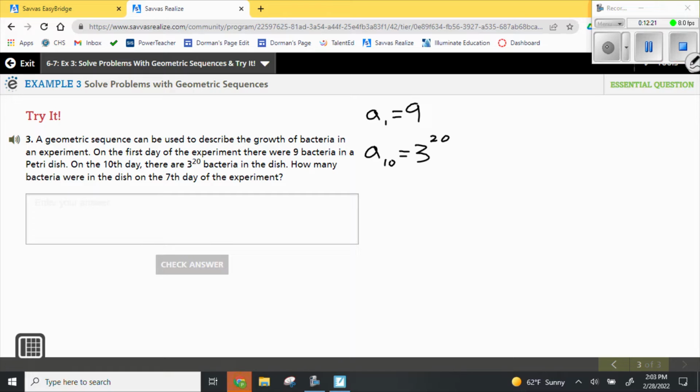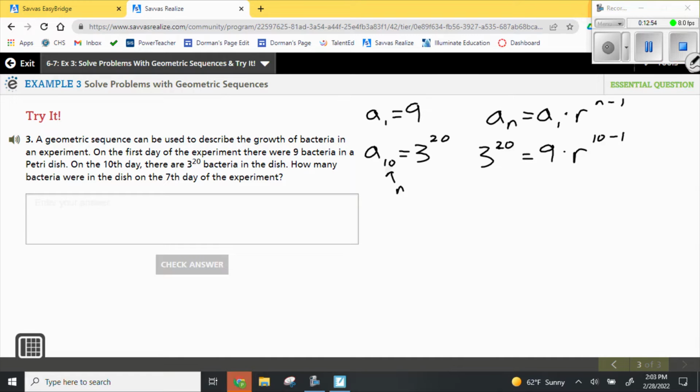So I'm going to get out my explicit formula here. It tells us that this is a sub 1 times r to the n minus 1. And we know a sub 10 is 3 to the 20th power. It tells us that a sub 1 is 9. We don't know r, but we do know that n is 10. So this is 10 minus 1 here. I'm going to go ahead and do 2 things at once when I solve this.